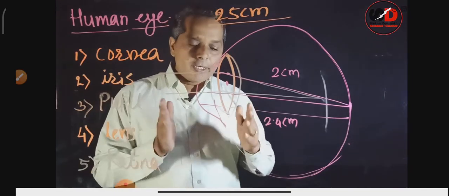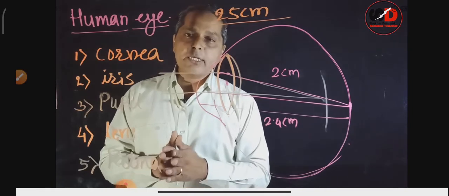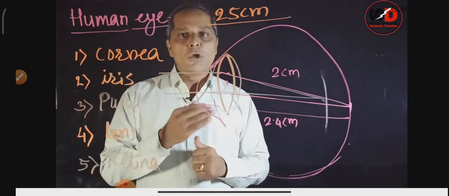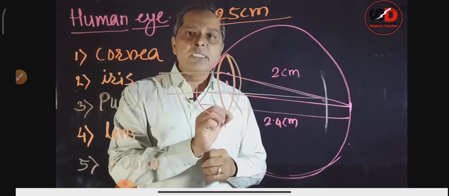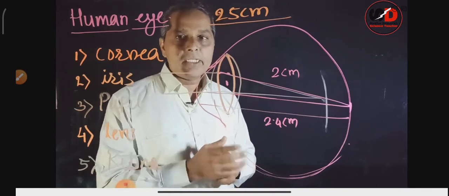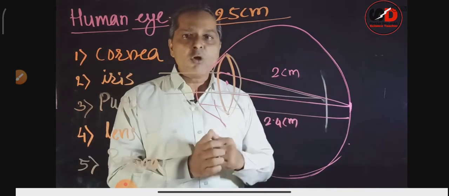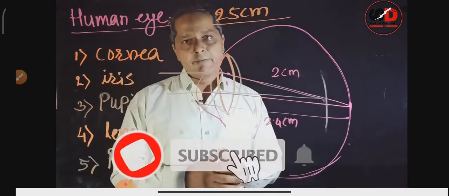Then we have seen it also has some limitations. The power of accommodation also has some limitations, and therefore the near point of a normal eye is 25 centimeter. That means the minimum distance of distinct vision is 25 centimeter, and the far point for the normal human eye is infinite.